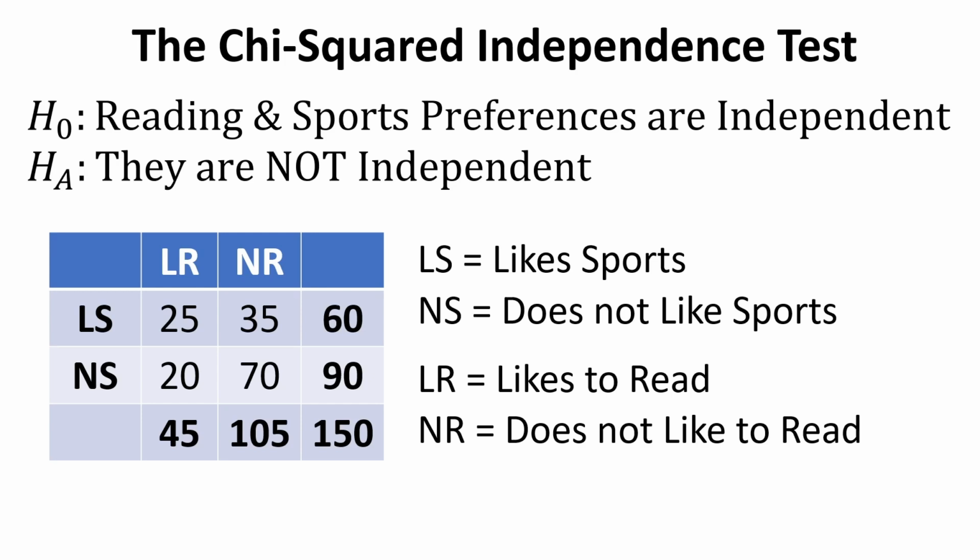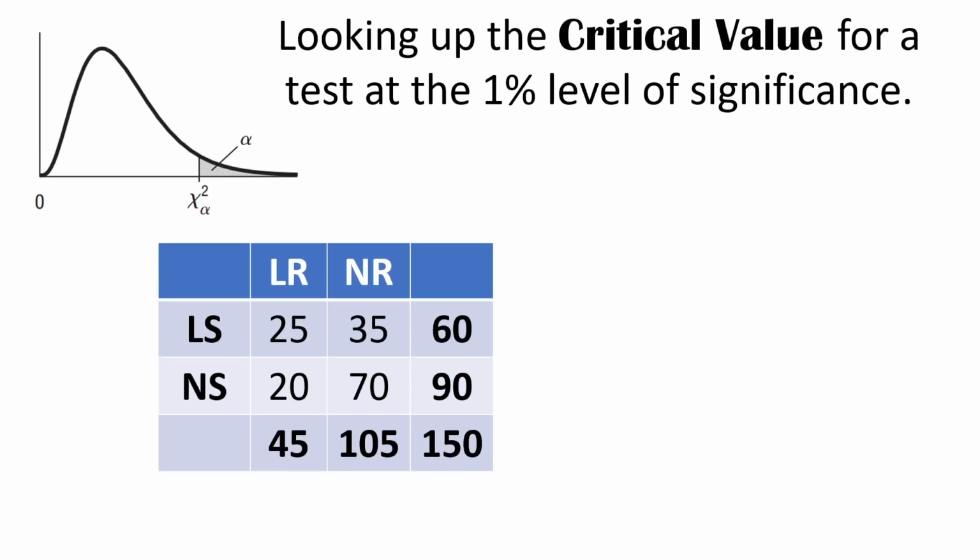So the null, independent, the alternative, dependent. Now, as you've seen with the goodness of fit test and with the homogeneity test, we have to calculate a chi-squared test statistic. And so before we do that, let's figure out what the degrees of freedom is.